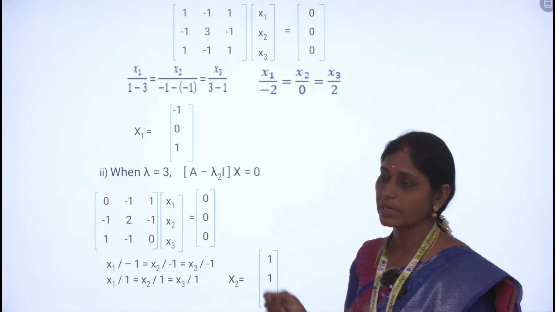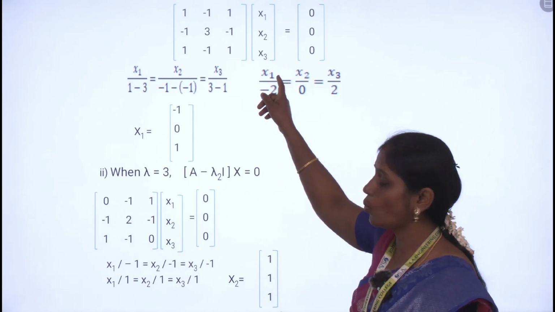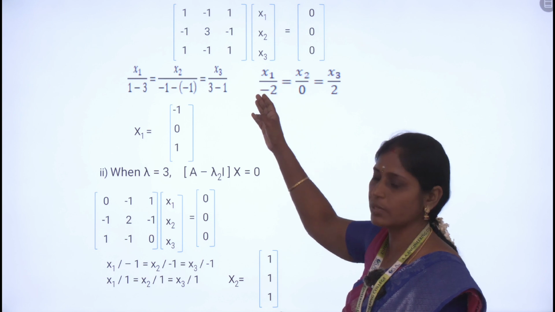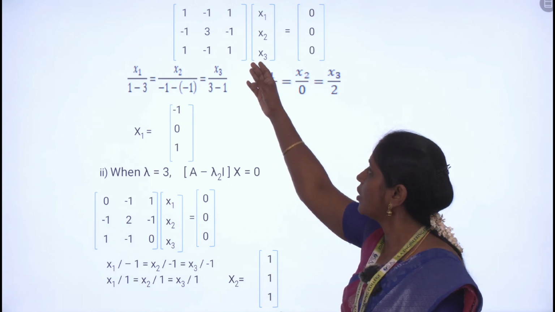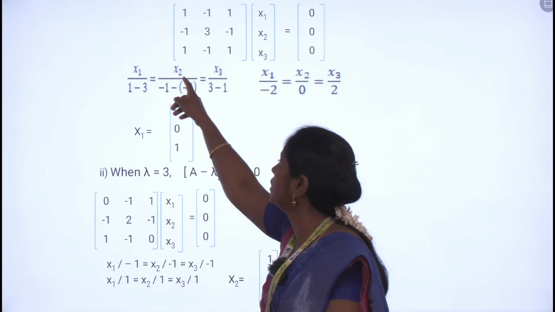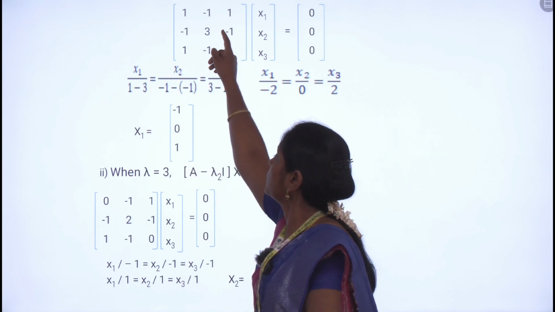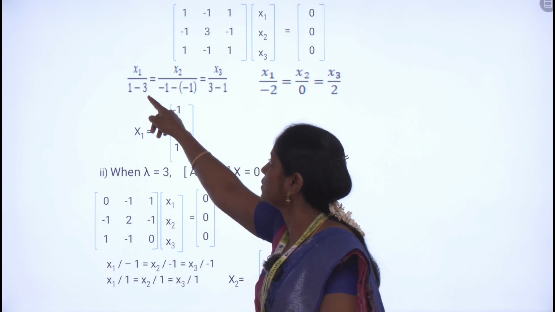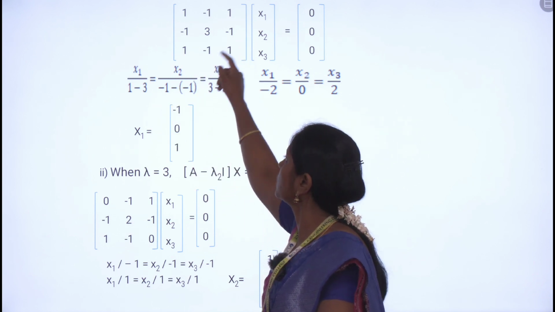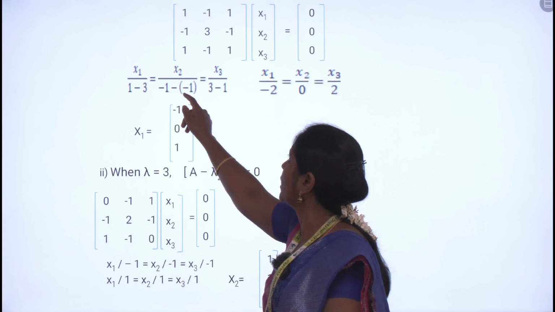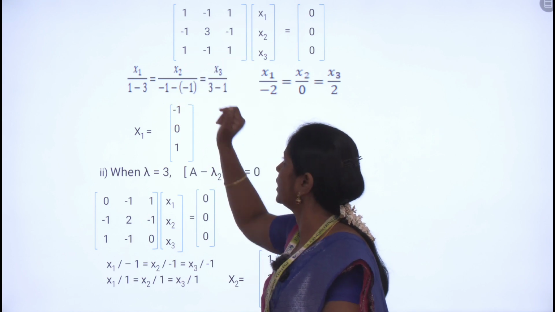We have to note here that row 1 and row 3 are the same, so we choose any one of them. So we can take R1 and R2. For x1: 1 minus 3, minus 1 into minus 1 is 1, minus of 3 into 1. Next for x2: minus 1 into plus 1 is minus 1, minus of minus 1 into 1 is minus 1.